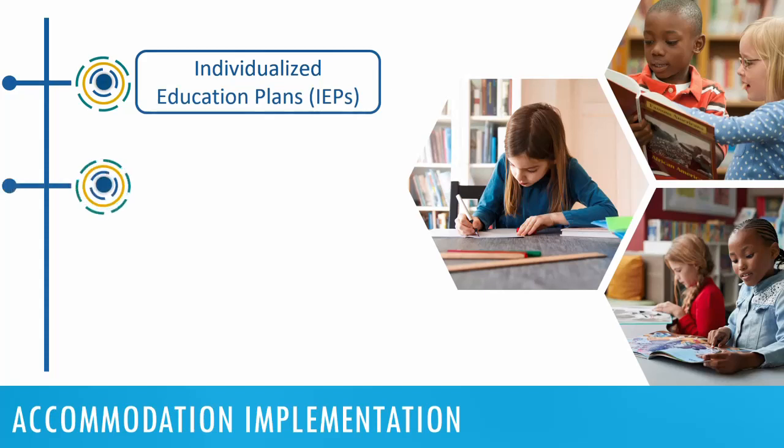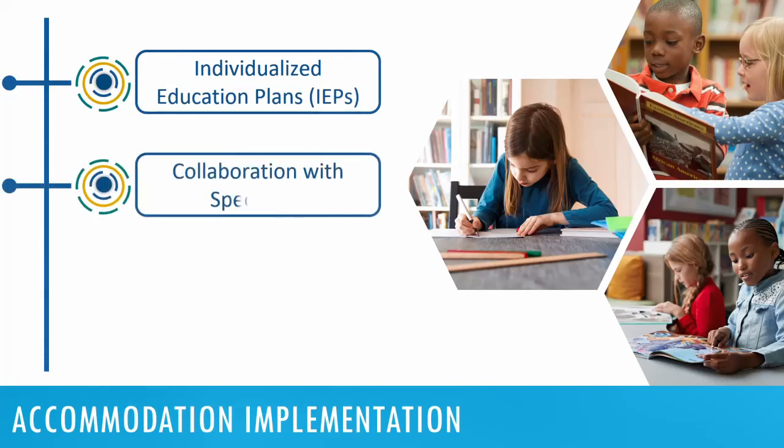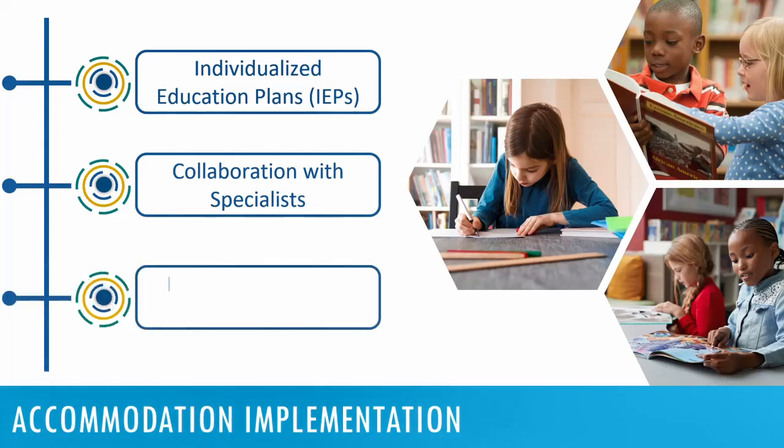Collaboration with specialists. Working with special education teachers or reading specialists to determine the most effective accommodations. Regular review and adjustment. Accommodations should be reviewed regularly and adjusted based on the student's evolving needs.